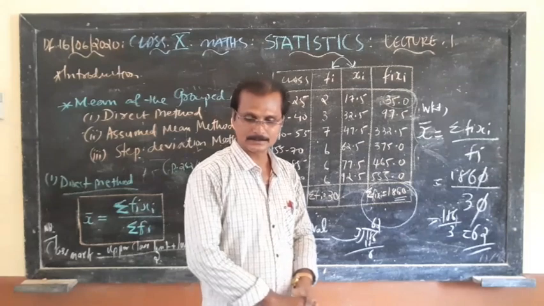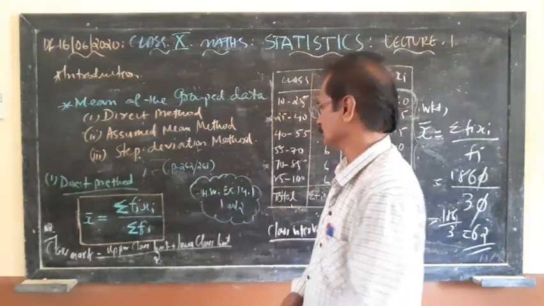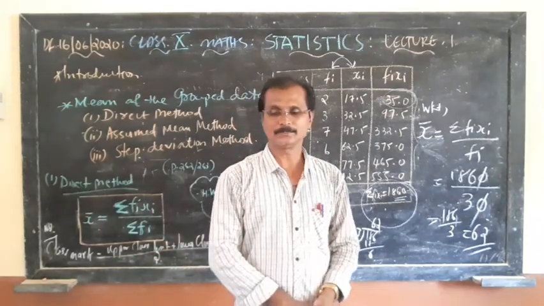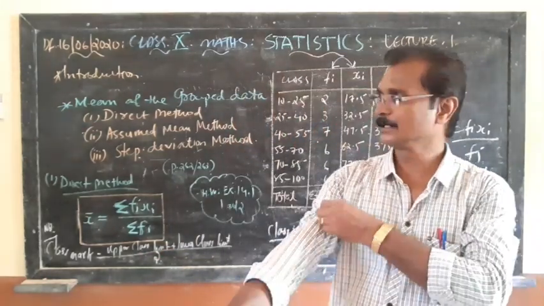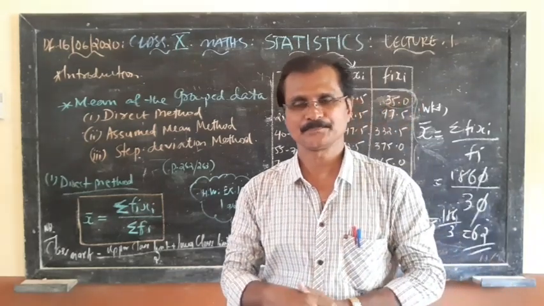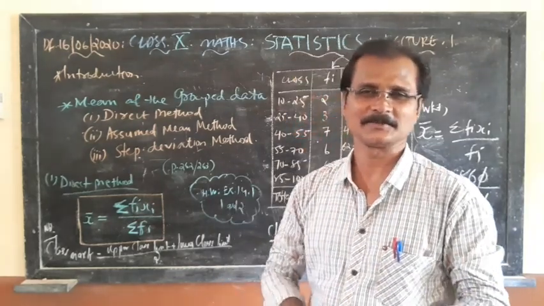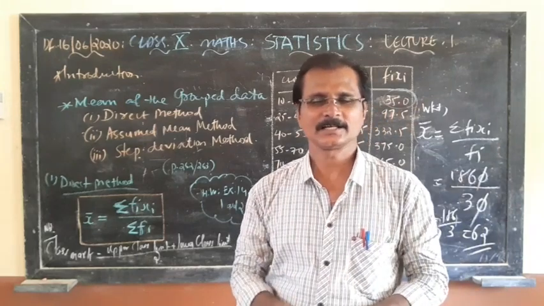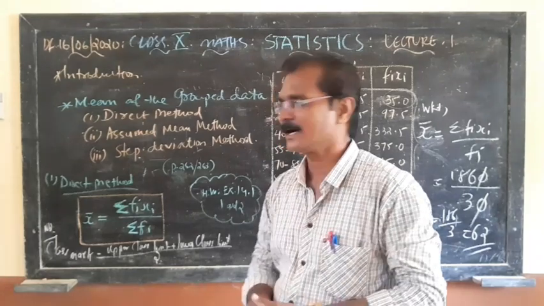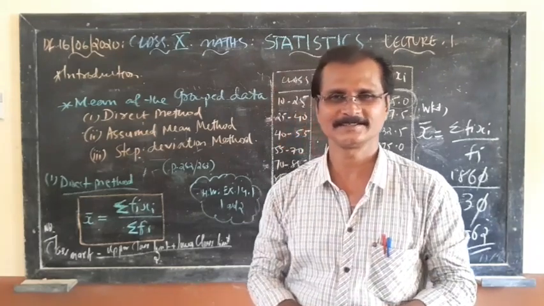So please complete it using the formula x bar equals sigma fi xi by sigma fi, the mean of grouped data, direct method. So dear students, we can conclude the first lecture here. Again tomorrow we will meet for another lecture, the next method, the assumed mean method. Till then, bye bye.